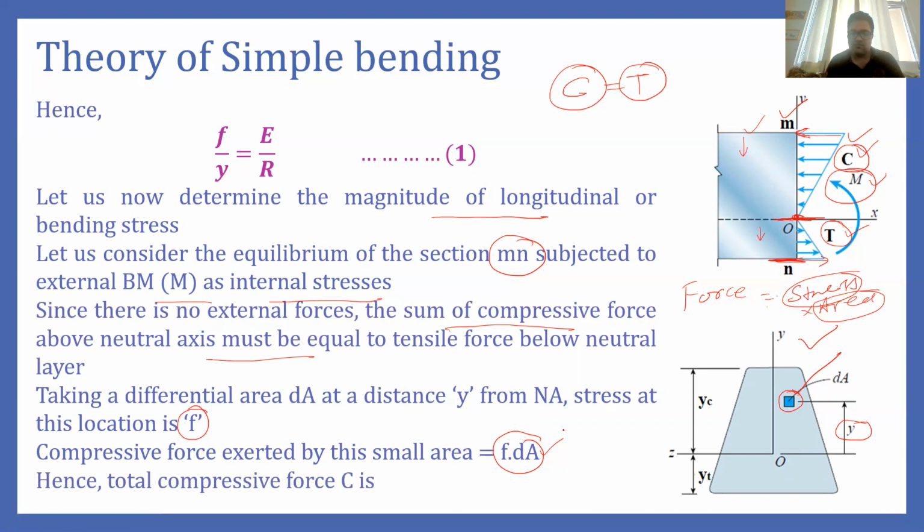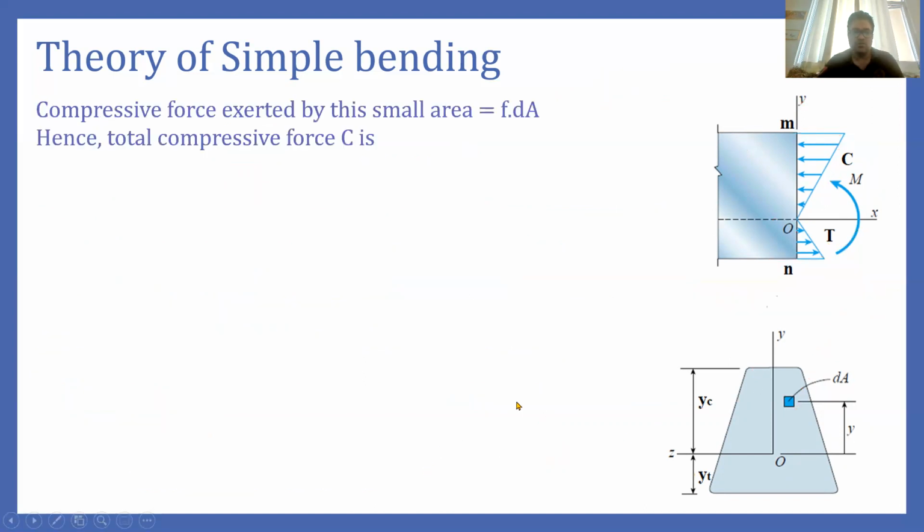Now, if we can find the compressive force on the elemental area, we can also find the total compressive force on the area above the neutral axis. How can we do that? We can simply do the integral. The limit is: at the neutral axis the y distance is 0, and at this level it is yc.